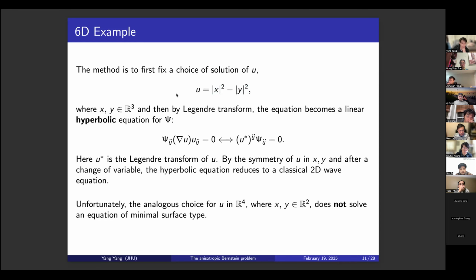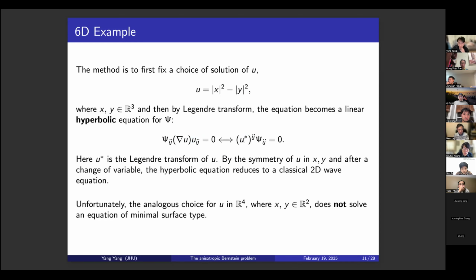And the trick is that he used the Legendre transform to transfer this nonlinear quasi-linear elliptic equation to a linear one. If you're not familiar with the Legendre transform, it's fine. It's just a transformation on the gradient space of u. So he can transfer this nonlinear equation to a linear one, and the Hessian of u just becomes the inverse Hessian of the Legendre transform of u.